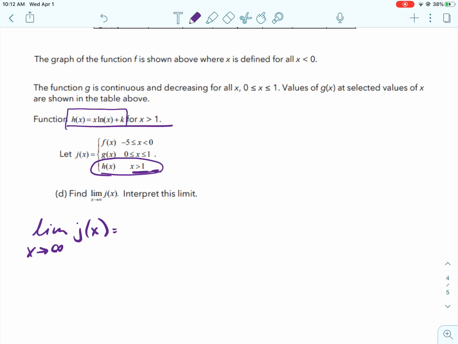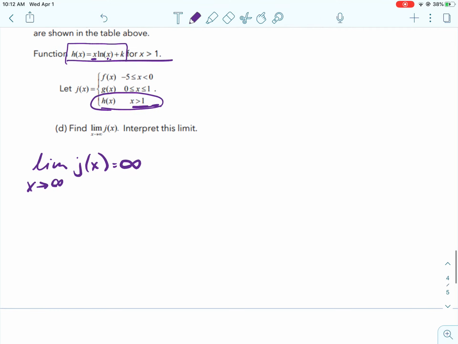All right, so the limit as x approaches infinity of j of x, we're looking at this function, and we put infinity in for x's. Both of these, the x and the natural log of x, are just going to get larger and larger and larger, and then we multiply them together, and it makes it even larger. So the limit is going to be infinity.